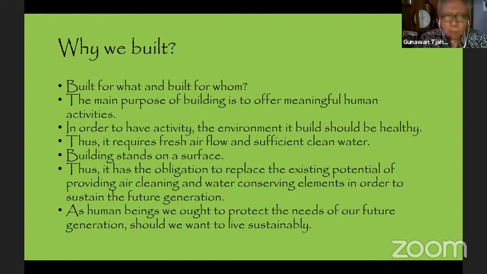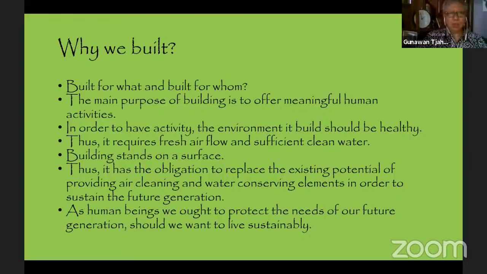And then the third question is why we build. Before we answer why we build, we have to answer build for what and build for whom. So the main purpose of building is to offer meaningful human activities. But in order to have activity going on and meaningful, the environment it builds should be healthy.